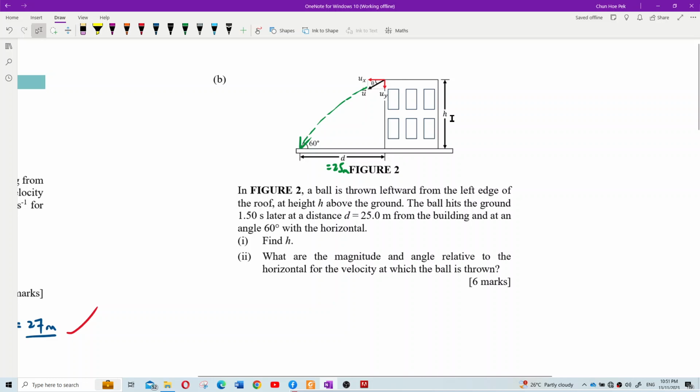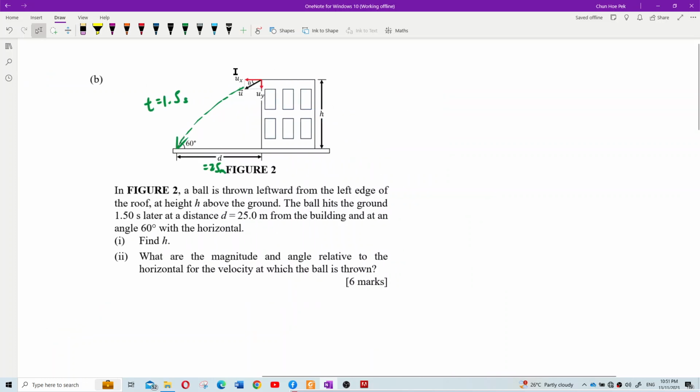So I want to find H. Many things I don't know. The time taken is given, 1.5 seconds. So let's do it. We have the x component and the y component.